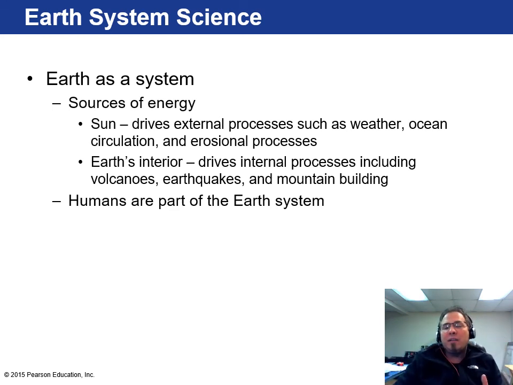And then you have Earth's interior, because Earth has a heated interior, which is a big part of why we have life on Earth, because without it we wouldn't have things like volcanoes, which played a role in developing Earth's atmosphere. So you've got to have both the sun and the heated interior for life to occur on this planet.